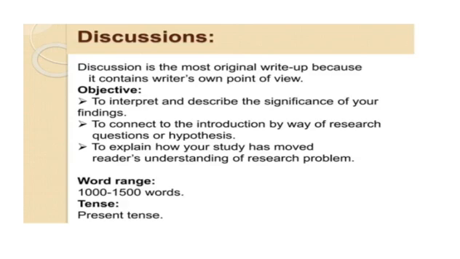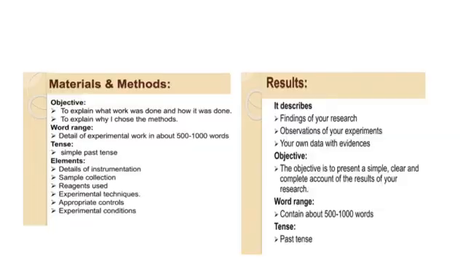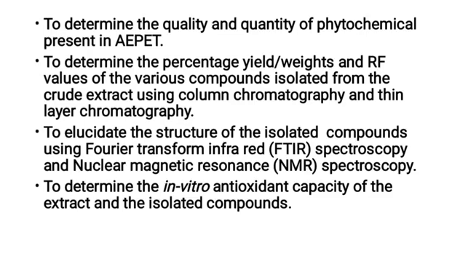It will also be the first explanation of the method you used to arrive at that particular objective. So you state the method for that first specific objective. For instance, in this particular presentation, the first specific objective this person wants to achieve is to determine the quality and quantity of phytochemicals present in apple.